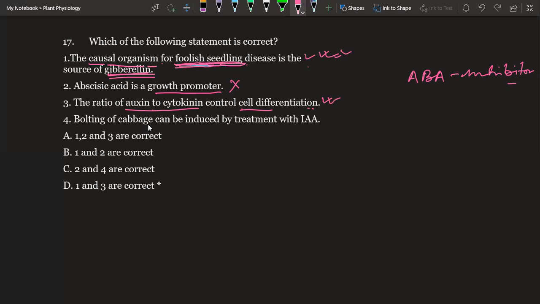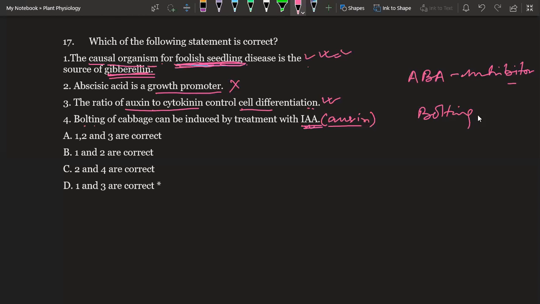Bolting of cabbage can be induced by treatment with IAA. IAA is indole acetic acid. This is auxin, is it? But auxin does not cause bolting. It is the effect of gibberellin.